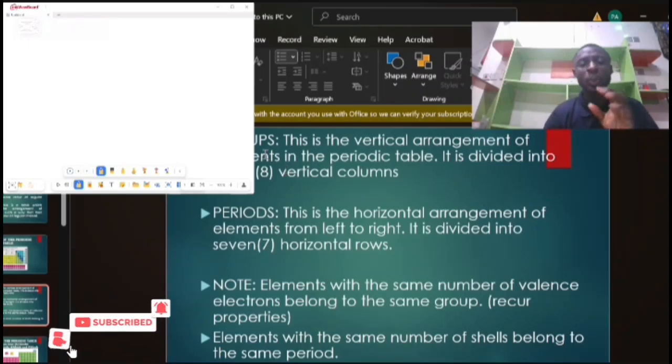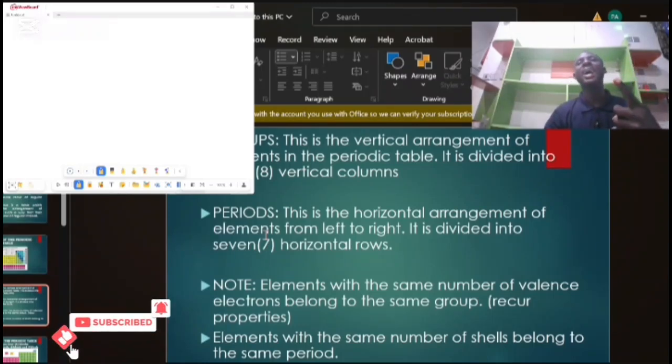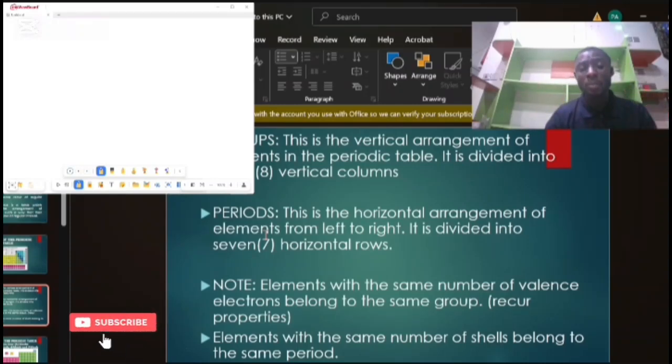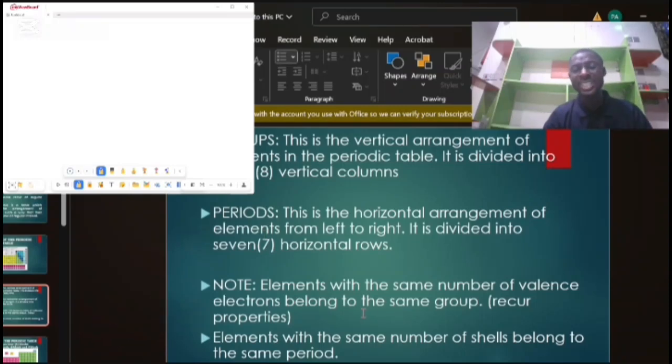Now let's look at group 1. Elements that we find in group 1 will have the same property that reoccurs at regular interval. So what is that property that reoccurs at regular interval that makes us put each element in the same group? We say that elements with the same number of valence electrons belong to the same group.